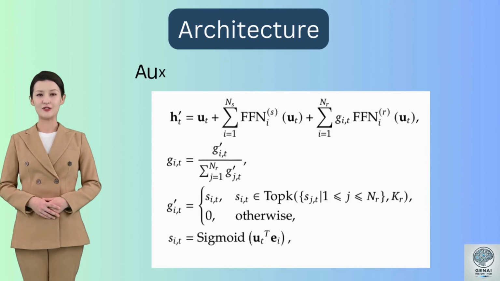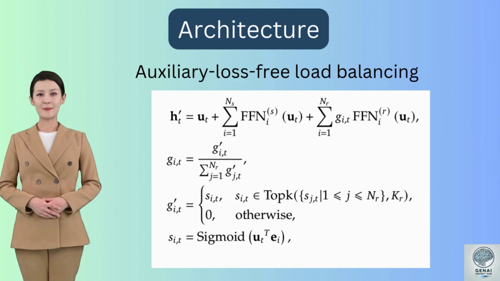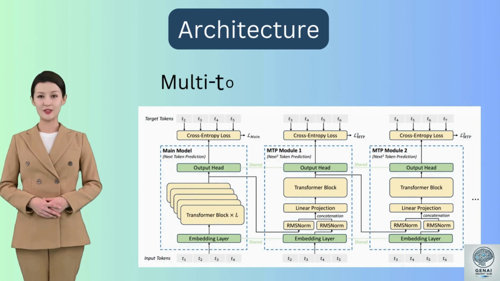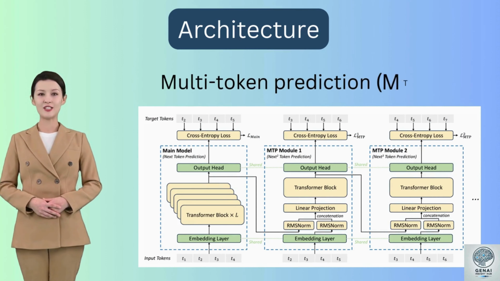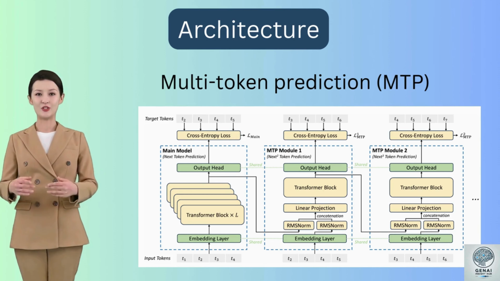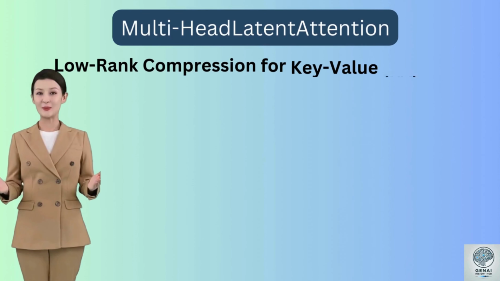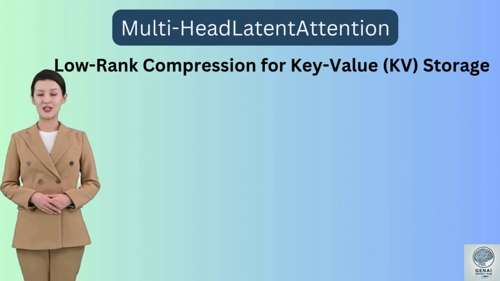The model introduces auxiliary loss-free load balancing to prevent routing collapse and reduce computational inefficiency during training. Additionally, the multi-token prediction (MTP) objective enriches the training process by enabling predictions for multiple future tokens, enhancing data efficiency and overall model performance.